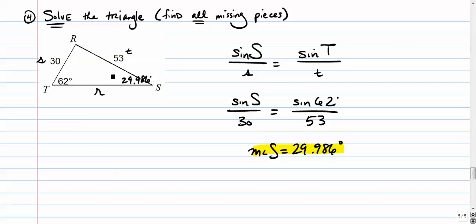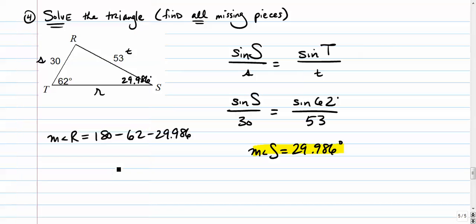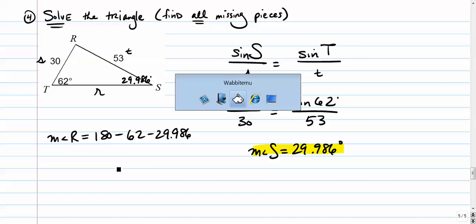All right, so once we have two angles, we want to find angle R. So the measure of angle R, I don't really like to use answers to find a new answer, but we really don't have a choice. It's just going to be triangle sum theorem. So in your calculators, just go 180 minus that answer, so second negative, minus the other angle, which was 62.